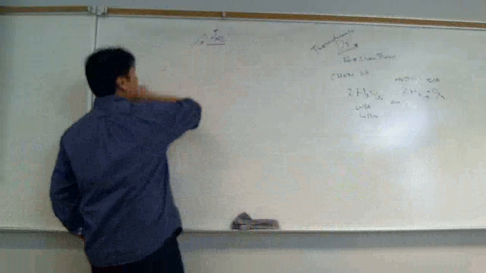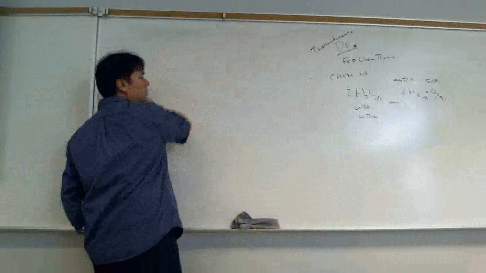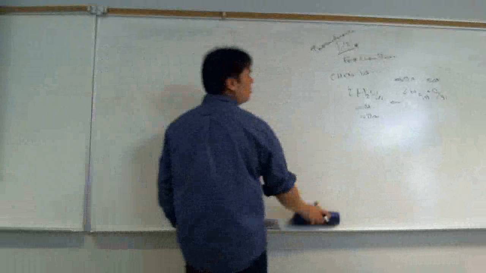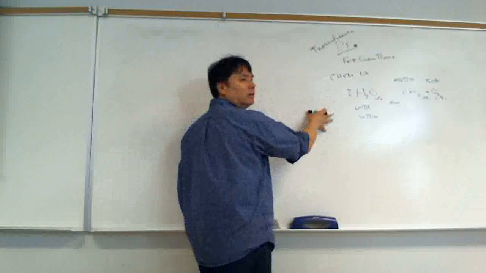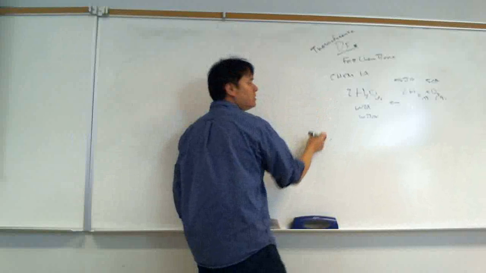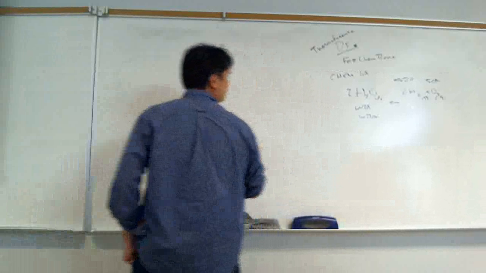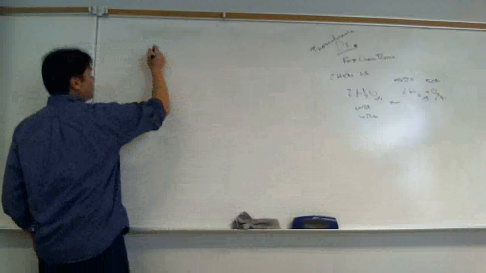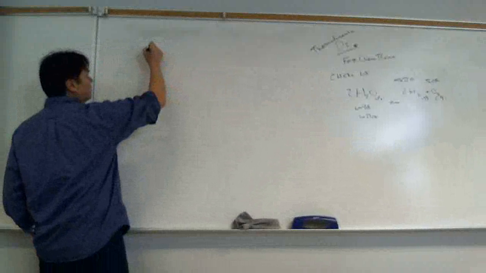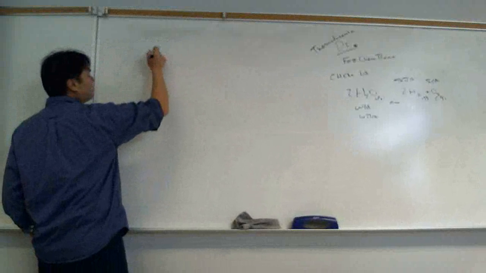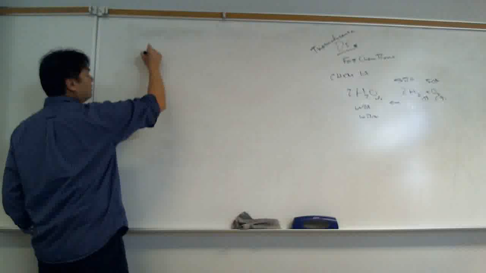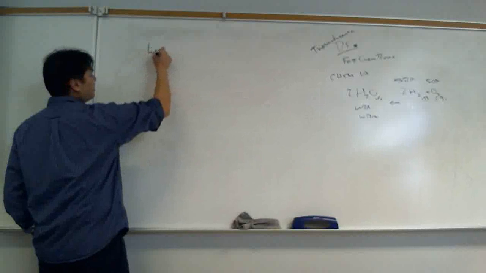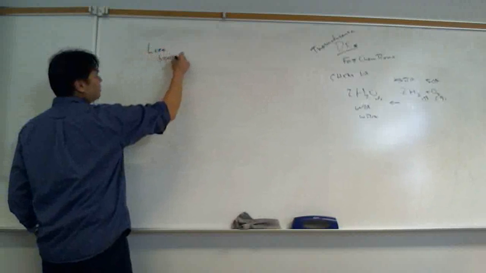And then acid-base reactions. Acid-base, we're going from stronger acid to weaker acid. Now, what do all these have in common? All these have in common, the driving forces are all shared. We're going from something that's stronger to weaker. In other words, less stable to more stable. That would be a driving force.